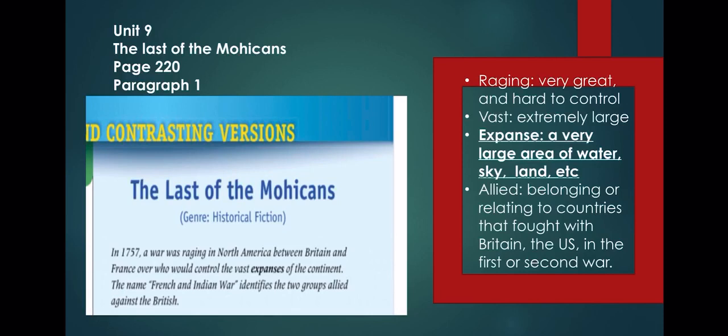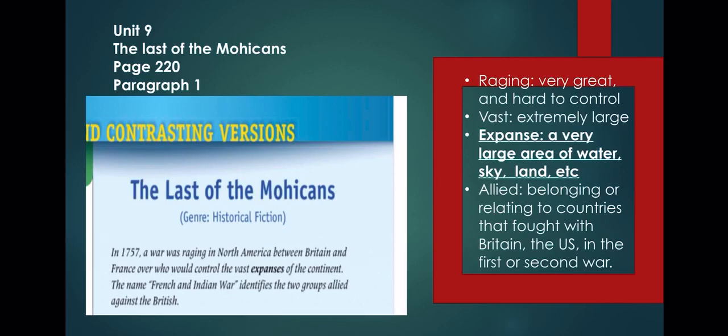So it is a war that was happening in North America between Britain and France over who's going to control the large areas of water, sky, and land of the continent. The name French and Indian War identifies the two groups allied against the British.